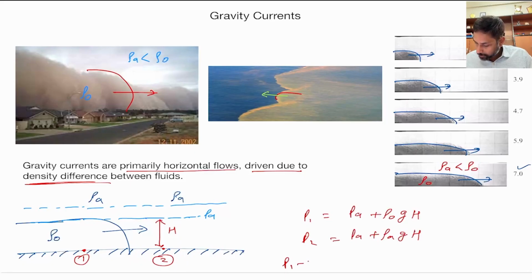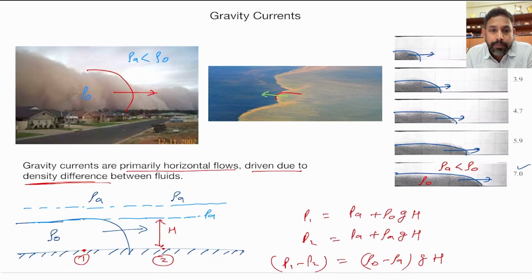So P1 minus P2 will simply be equal to rho naught minus rho a, times gH, right? So you can see how the pressure difference between point 1 and point 2 has a non-zero value. Pressure at point 1 is greater than pressure at point 2, and because there is a horizontal pressure gradient, flow actually happens in the horizontal direction. It is very straightforward.